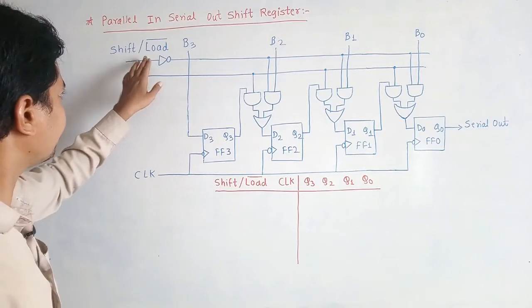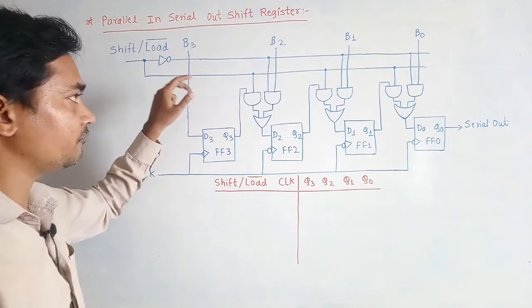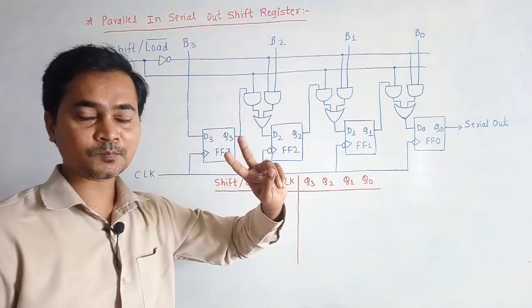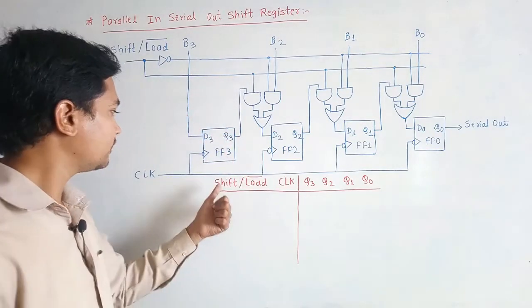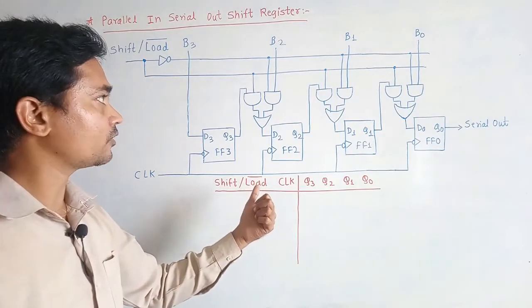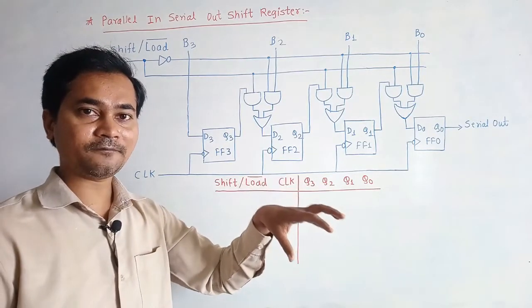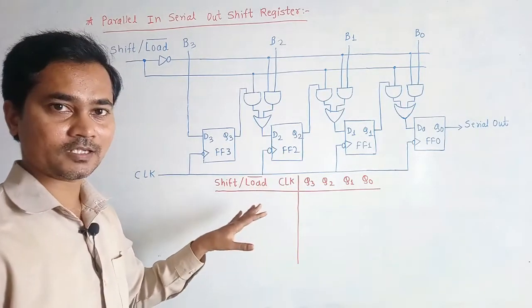The shift/load bar signal is a special signal which is used for 2 functions. The first function is loading the data. Loading the data means whatever input bits are available should be loaded first.